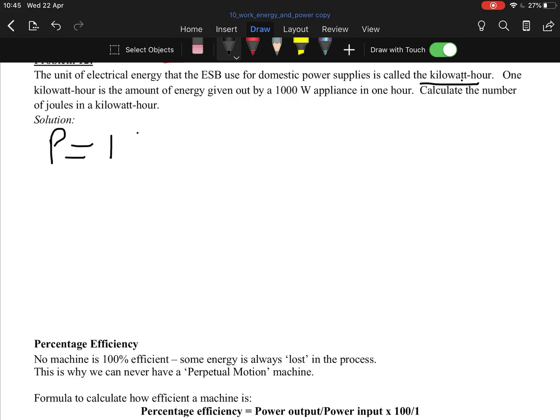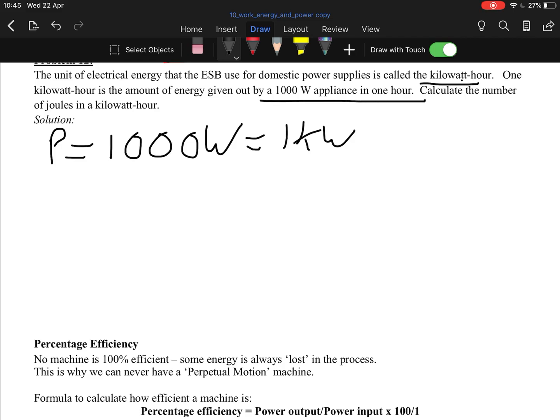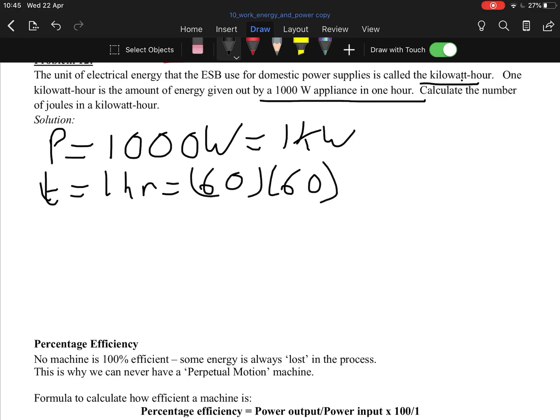So basically, what we're saying there is, power equals 1,000 watts. That's 1 kilowatt. It's the amount of energy given out by 1,000 watts per hour, time, 1 hour, which is 60 by 60, 3600 seconds. You see?